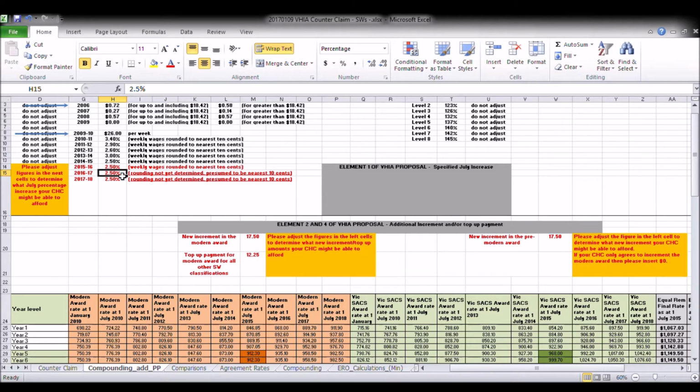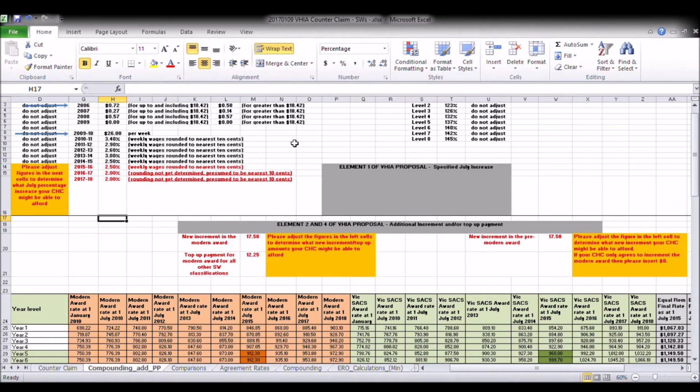However, again, this may not be affordable for your community health centre and these are adjustable. So say, for example, you may have a position that you can only afford a 2% increase in July 2017 and then another 2% increase in July 2018.